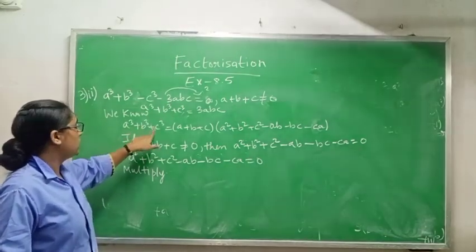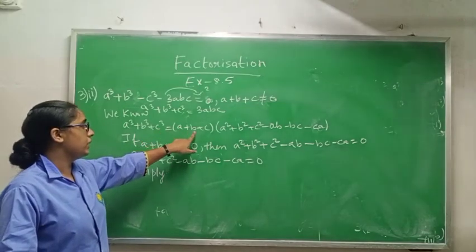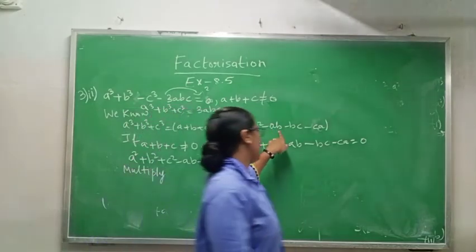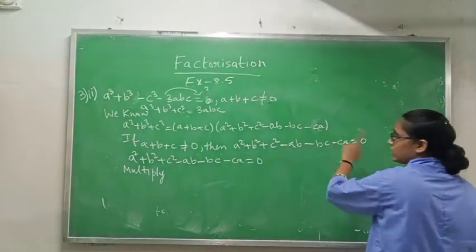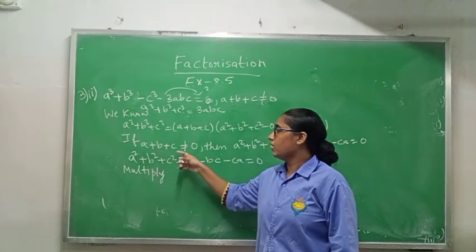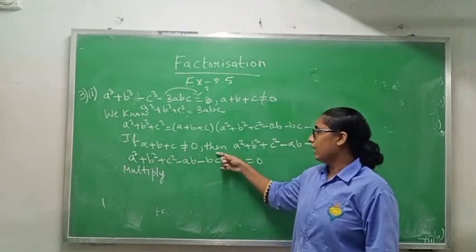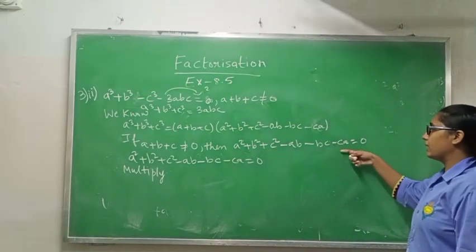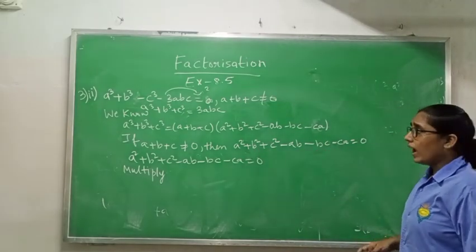So a³ + b³ + c³ − 3abc = (a + b + c)(a² + b² + c² − ab − bc − ca). If a + b + c is not equal to 0, then a² + b² + c² − ab − bc − ca = 0. Why?